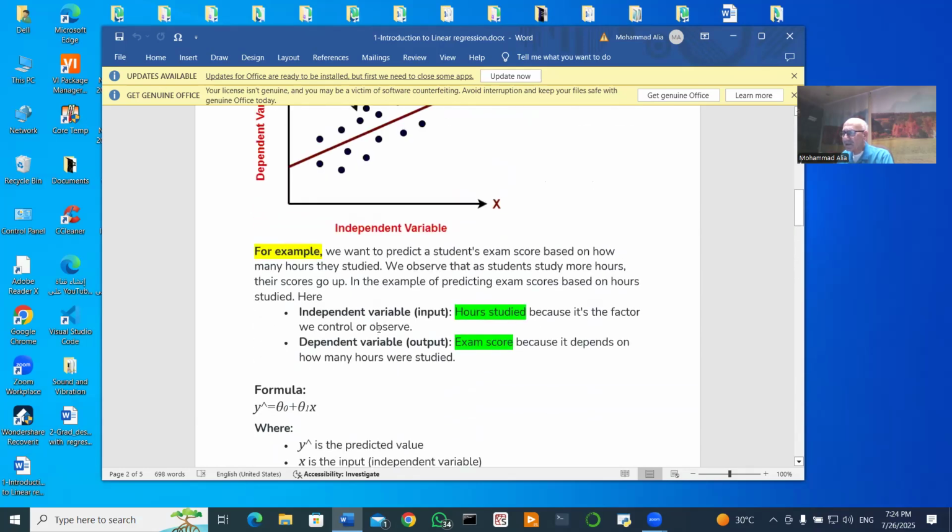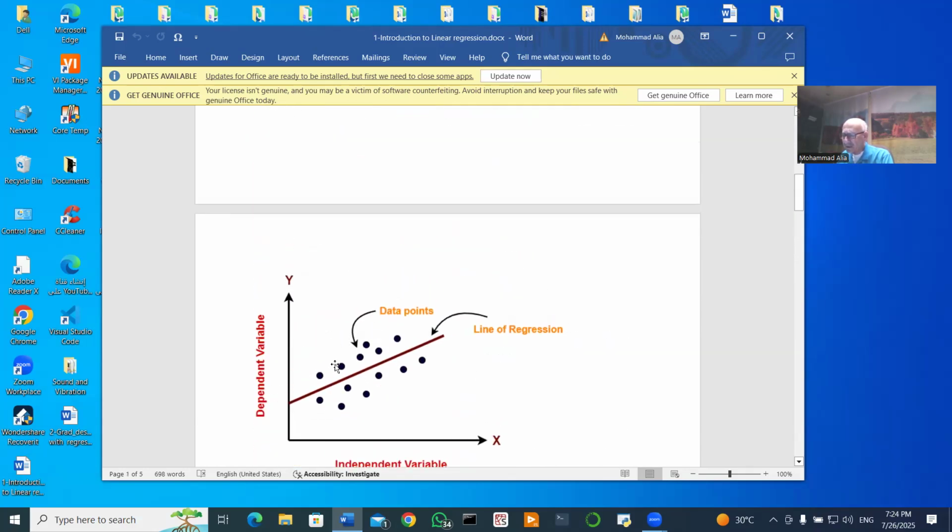This means that we have a set of values, these black dots, and usually this data set is huge and of a great number of points. Each point is defined by coordinates, an x value and a y value. The x is the input, y is the output.